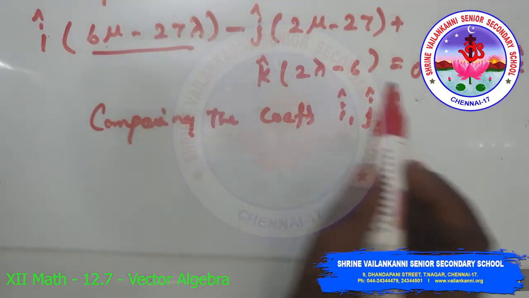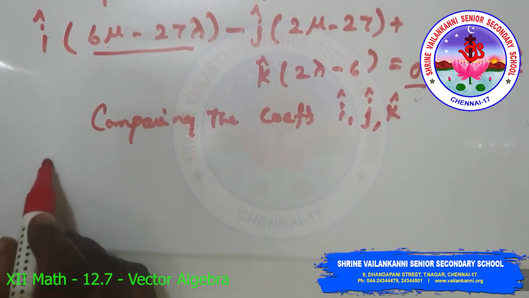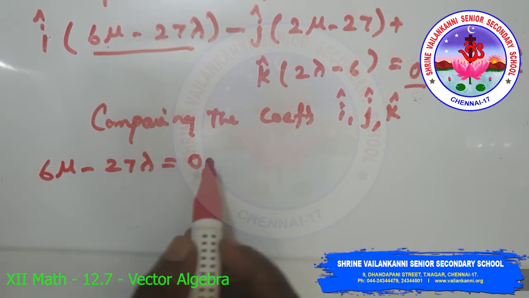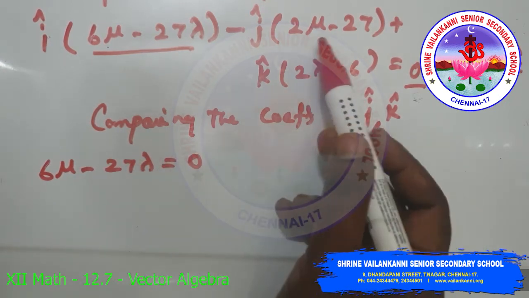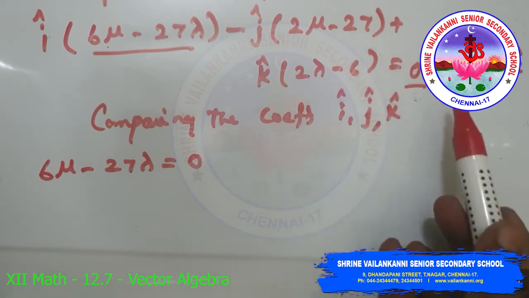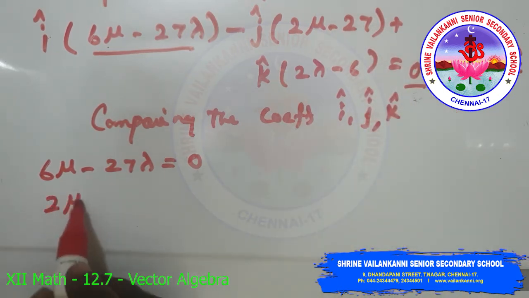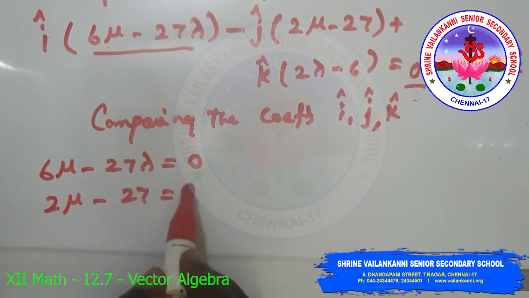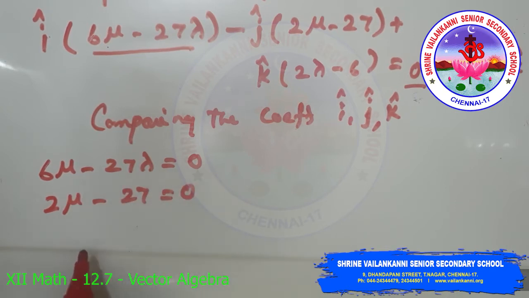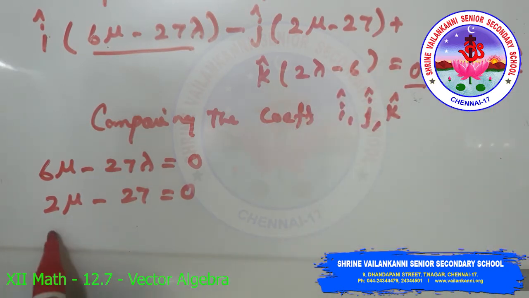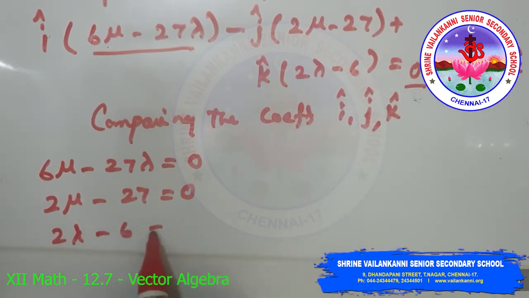So 6 mu minus 27 lambda equals 0. Then 2 mu minus 27 equals 0. And comparing the coefficient of k, 2 lambda minus 6 equals 0.